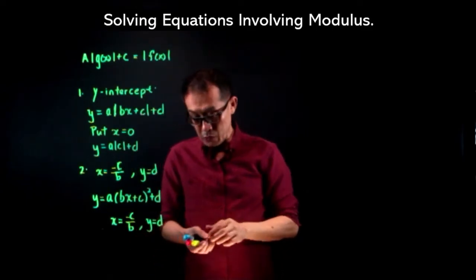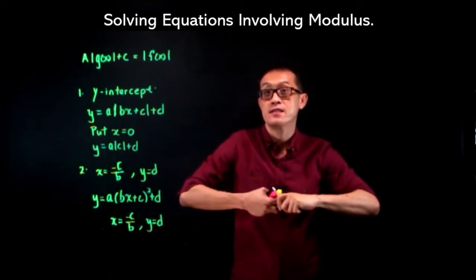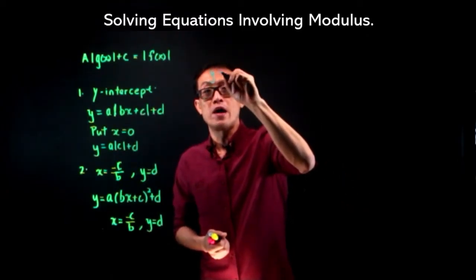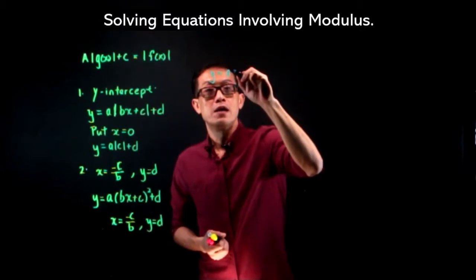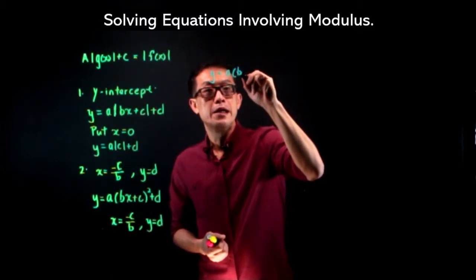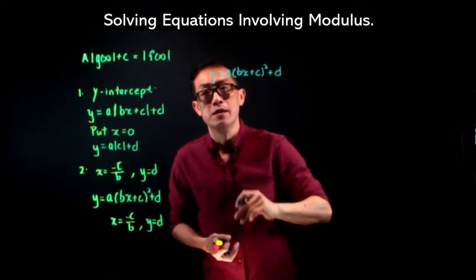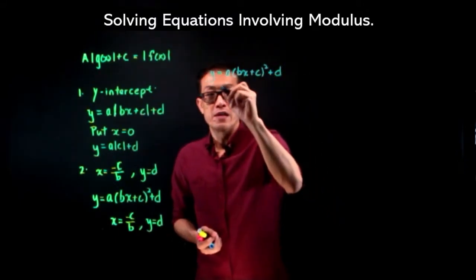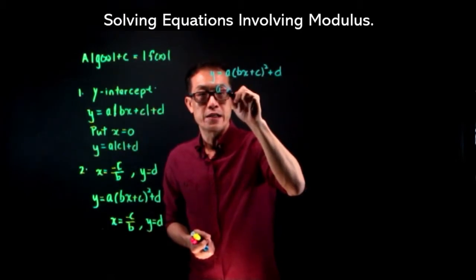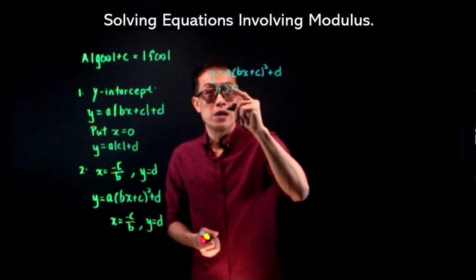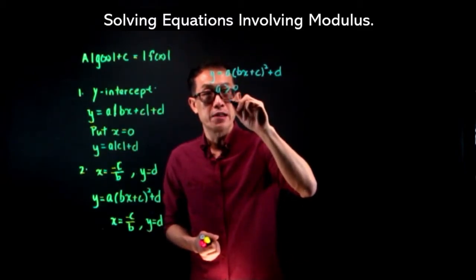Now, you may not know why these are the turning points. Let me show it to you. Let's say the function is y equals a times bx plus c, squared, plus d, and let's take a greater than 0.